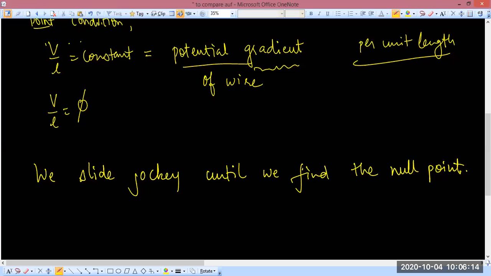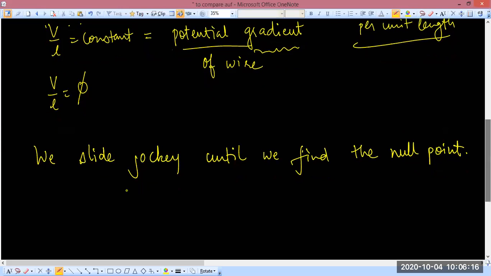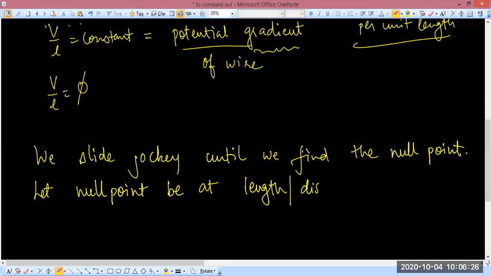Let the null point be at length or distance L1 from A. You must write the 1 here. Let null point be at length L1 from A.